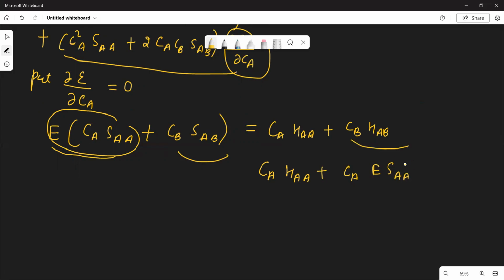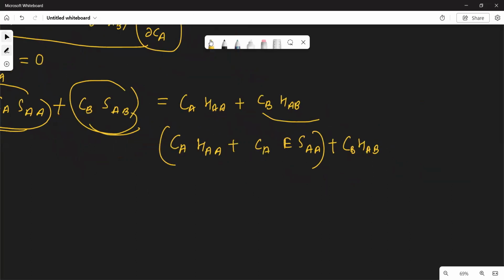Now I will write the second term CBHAB, and I will shift this term after multiplying with E to this side, plus CBESAB, equals 0.